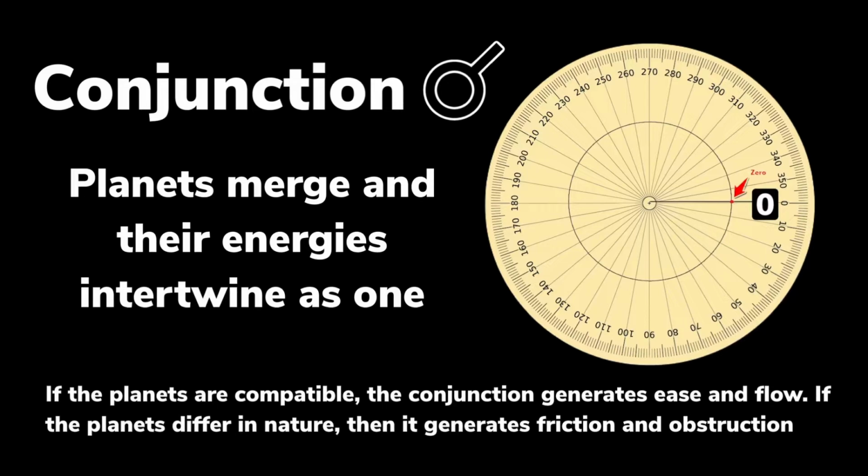If you're trying to understand the relationship between 2 planets, it depends on the 2 planets that you're looking at. Conjunction can be a very favorable aspect or energy that a person could have in their birth chart if both of those planets are known to get along. Say your moon is in conjunction with your Venus. Moon and Venus really like each other as 2 planets.